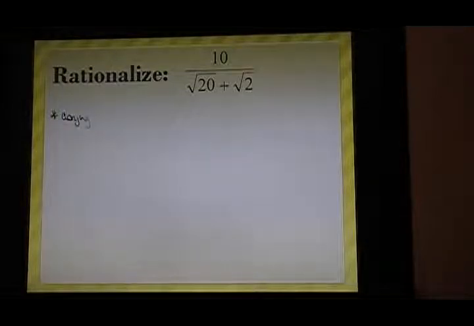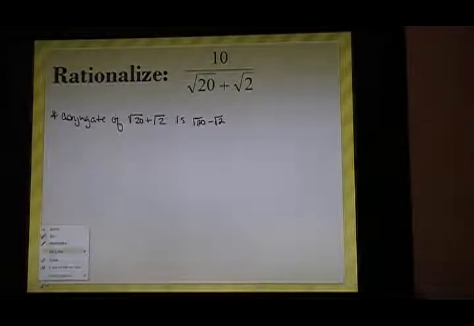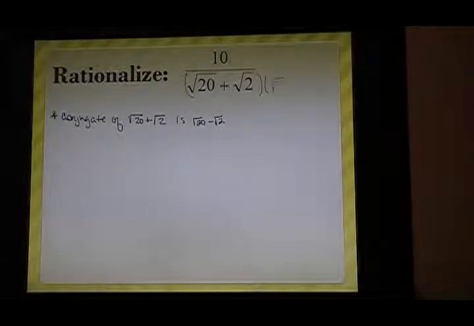So the conjugate of the square root of 20 plus the square root of 2 is the square root of 20 minus the square root of 2. And that is what we are going to multiply by to get rid of our roots in the denominator, to rationalize.